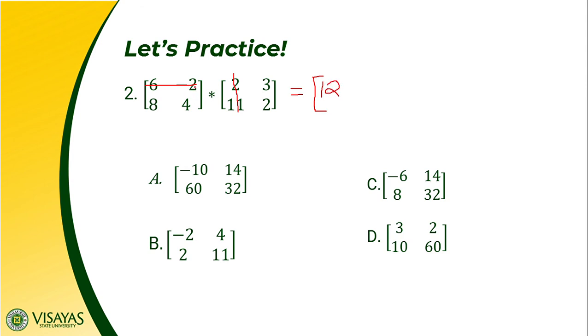And then negative 2 times 11 is negative 22. Next, we have here the second row, first column. We have 8 times 2, that is 16. And then 4 times 11 is 44.